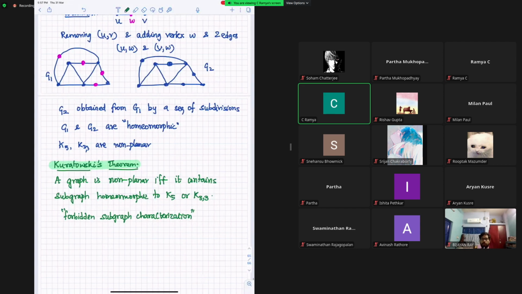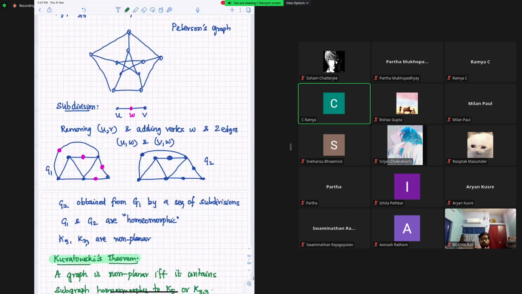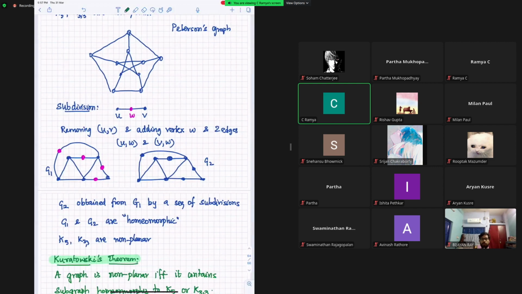Yeah, this is probably all that I want to say. So is Partha around by any chance? Yes. Would you want to continue with the Ramsey theory? It's close to 6 now.